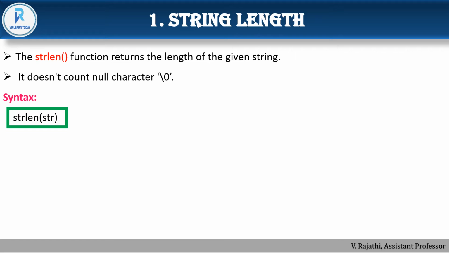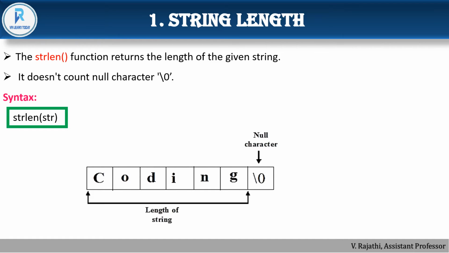So if you use strlen of a string, it will count the characters and exclude the null character. This is the example: if your string is "coding", the length of the string is calculated from c to g. It neglects the \0, which is the null character.